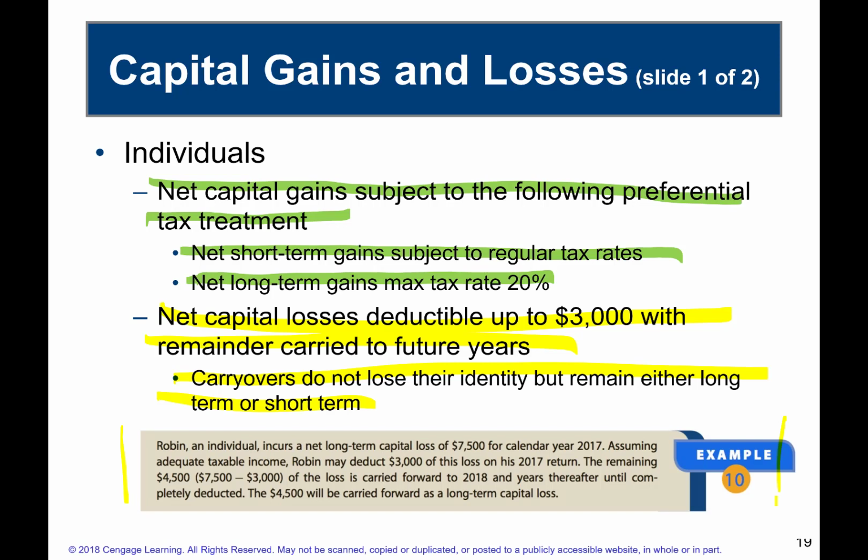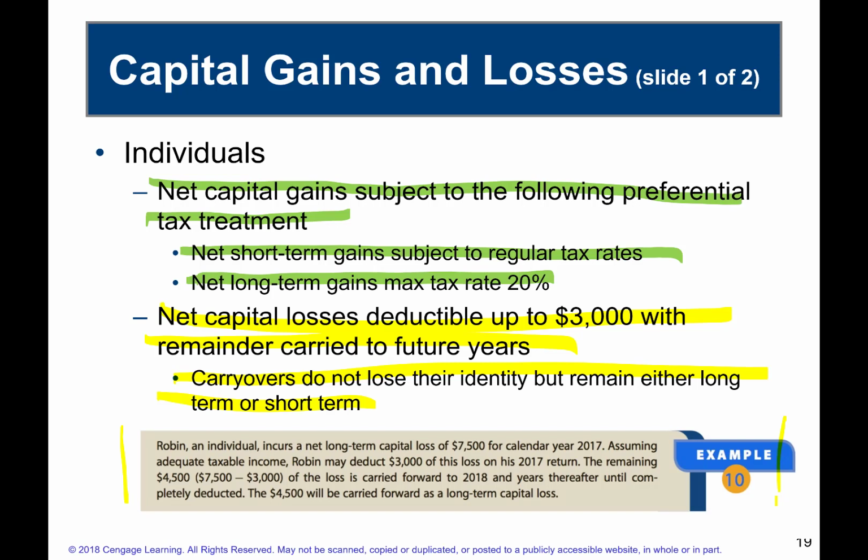Just looking at this example of how individuals work, Robin, an individual, incurs net long-term capital losses of $7,500 for 2017. Assuming she has adequate taxable income, she can deduct $3,000 of that loss using the $3,000 limitation for individuals, meaning she would have $4,500 to carry forward to 2018 and future years, and it would maintain its identity as a long-term capital loss.